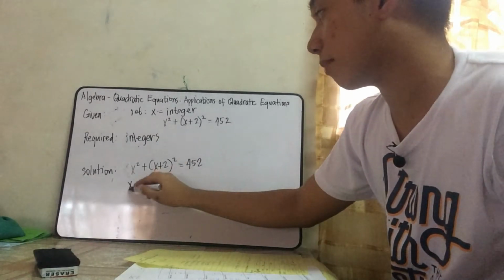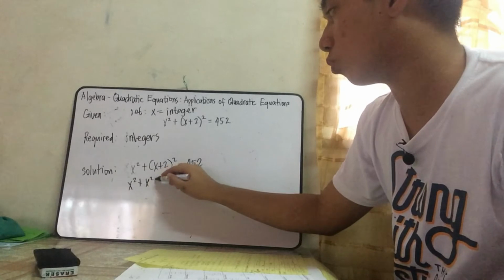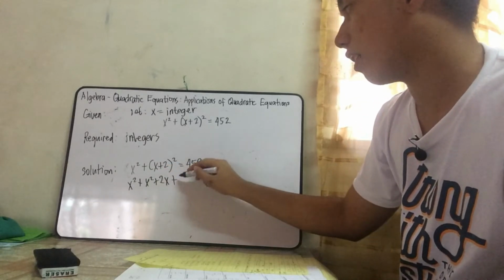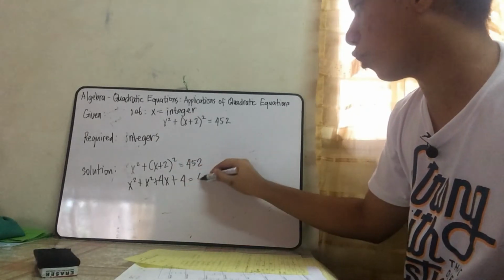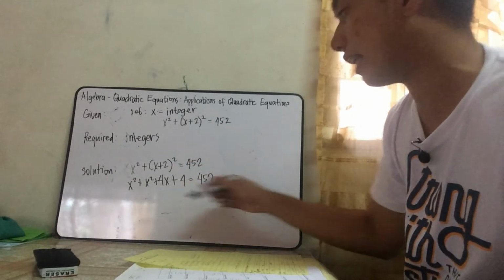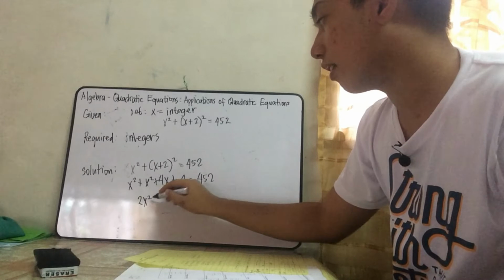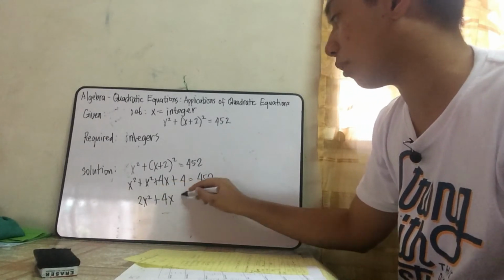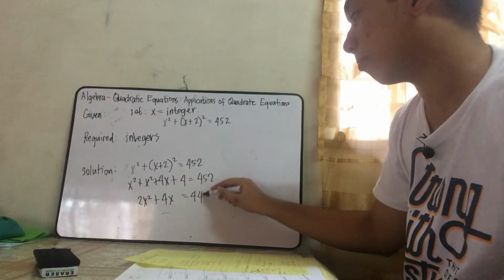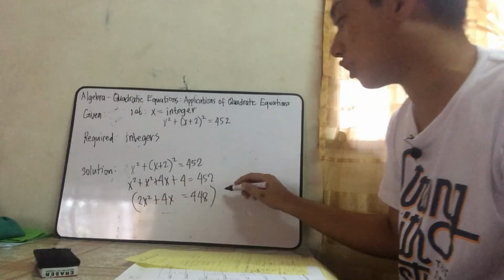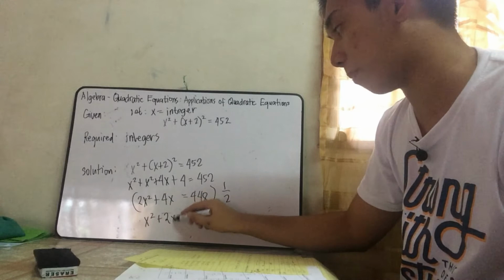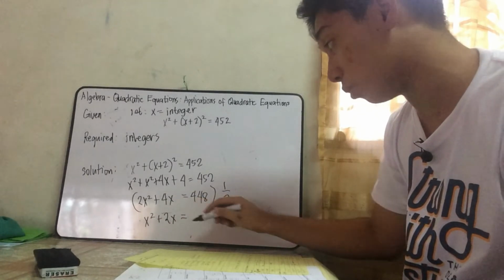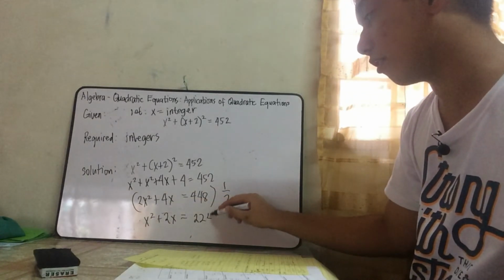Expand this one, this becomes x squared plus x squared plus 4x plus 4. Sorry, 4x plus 4 is equal to 452. Lipat sa kabila, this becomes 2x squared plus 4x is equal to 448. We multiply both sides by 1/2. This becomes x squared plus 2x is equal to 224.